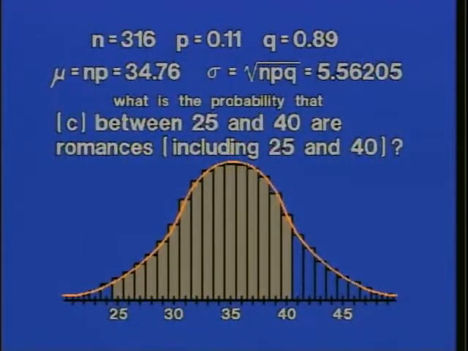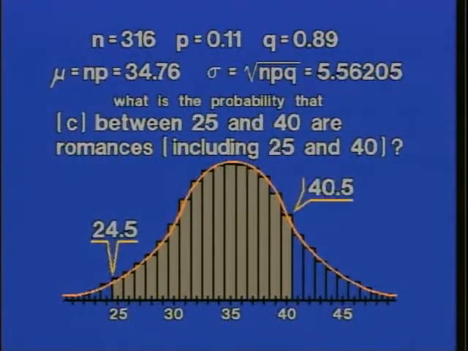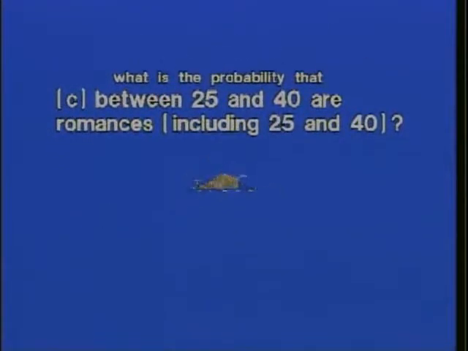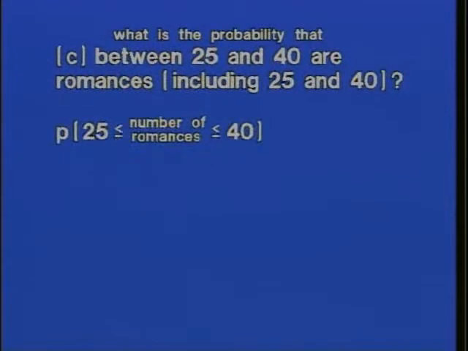Well, since we're including the 25 and the 40, we're going to use this left border of 25 and the right border for 40 as magic numbers when we're talking about our normal distribution. So the probability that the number of romances is between 25 and 40, including 25 and 40, is approximately the same as the probability that x is between 24.5 and 40.5, including those two.